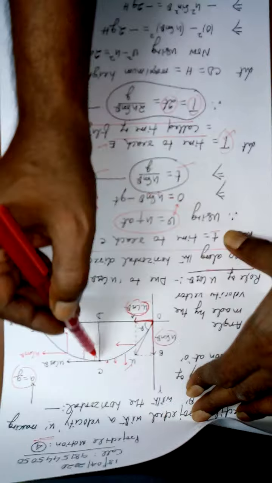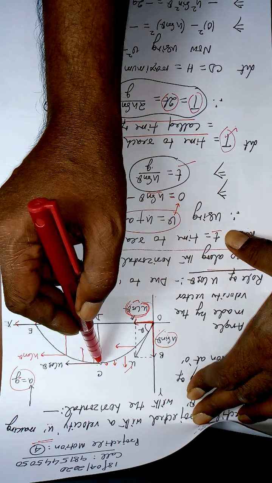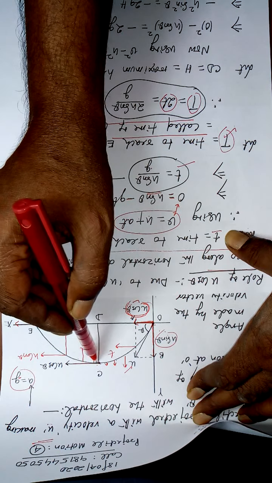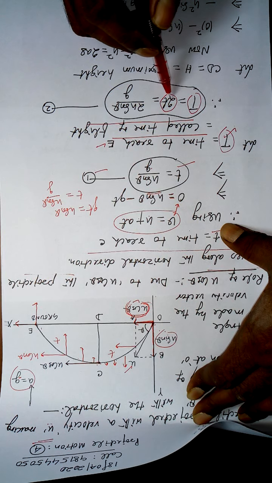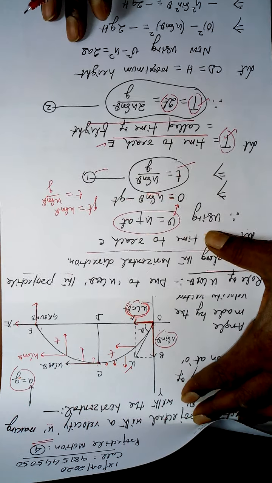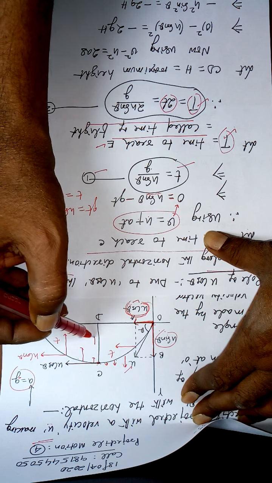If you look at this part and this part, they are symmetrical. So the time to reach C and the time to arrive from C to E are equal. So from here to here is small t. So t plus t is equal to 2t, that is equal to capital T. Now let us find out the maximum height. Let CD be equal to capital H.